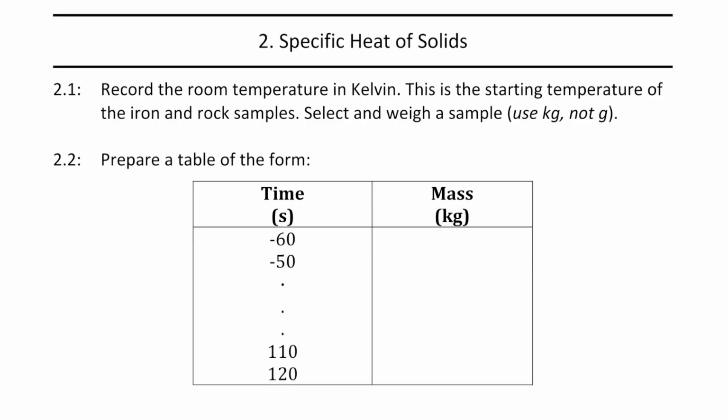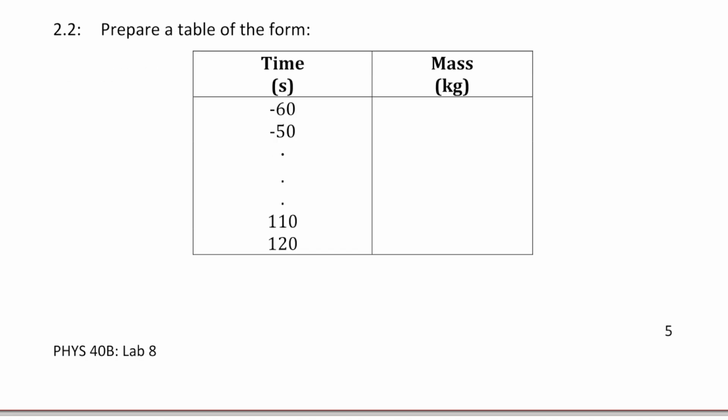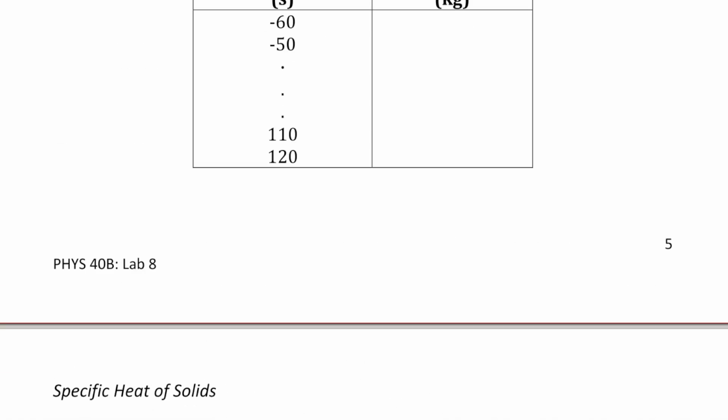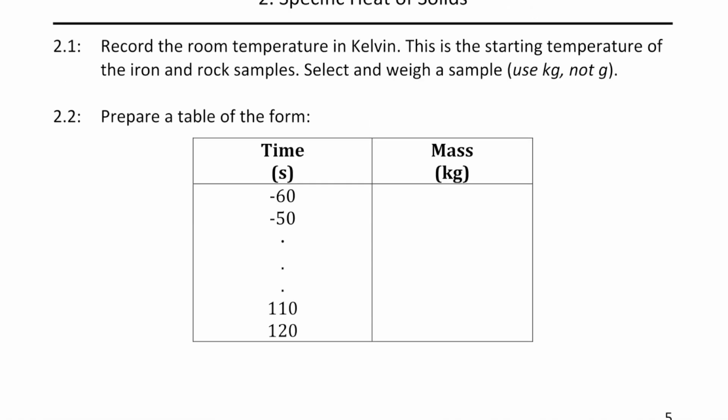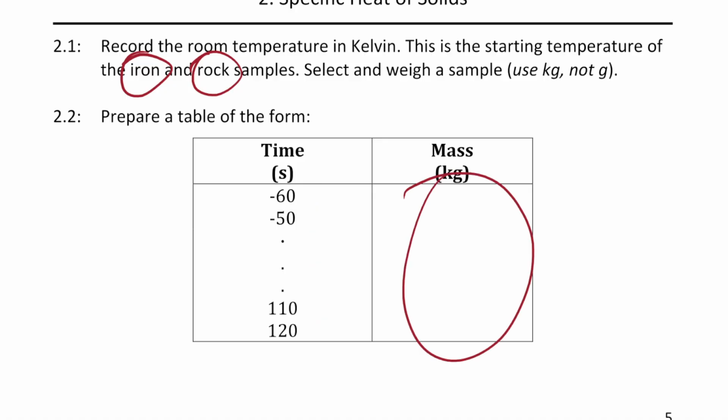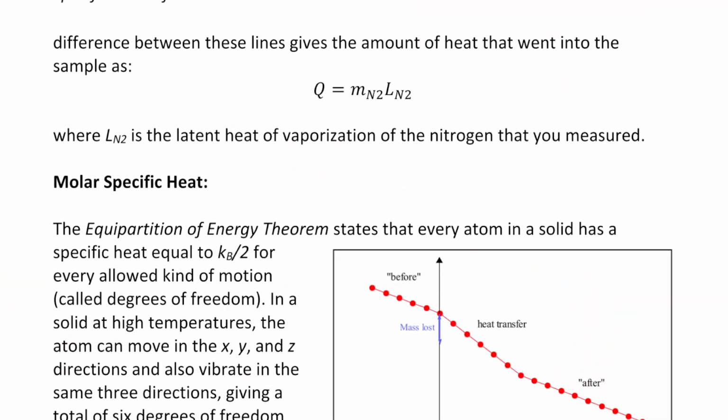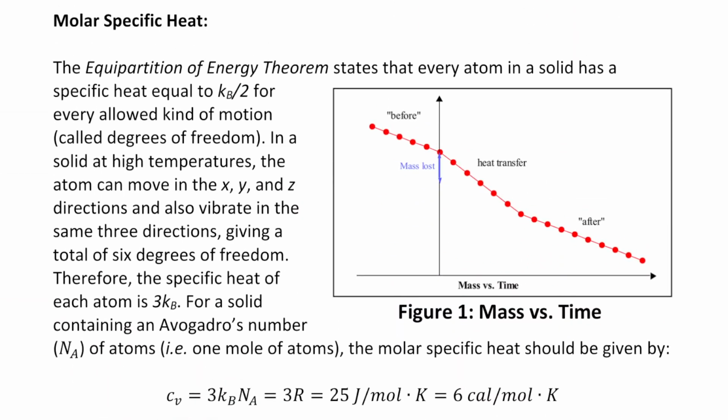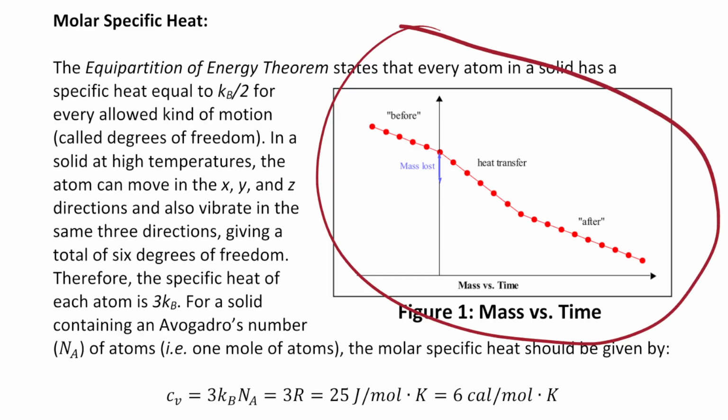And then the second part of the lab is you can do something similar, except you're going to be trying to find the specific heat of an iron sample and a rock sample. You're going to do that by measuring the change in mass over time on the scale. Ultimately you'll end up getting something that looks kind of like this.